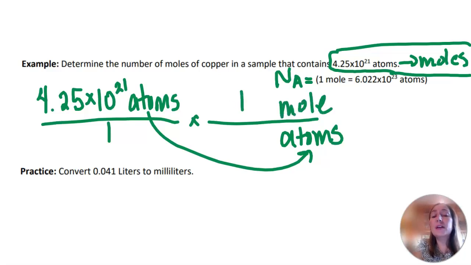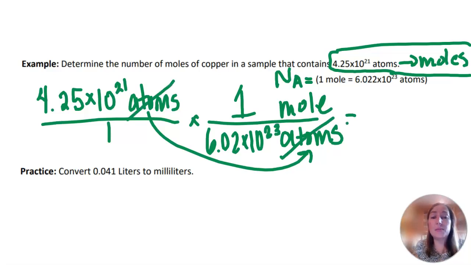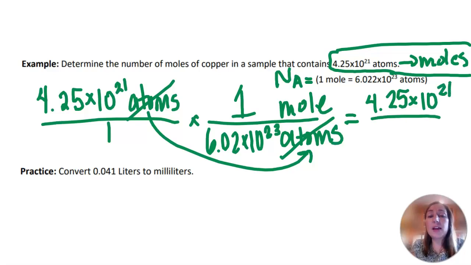Now we know that for every 1 mole, there are 6.02 times 10 to the 23rd atoms. Now we're just multiplying fractions here. By the way, atoms cancels out with atoms. 4.25 times 10 to the 21st times 1 is still just 4.25 times 10 to the 21st. Multiplying by 1 on the bottom is not going to change this. This is 6.02 times 10 to the 23rd.